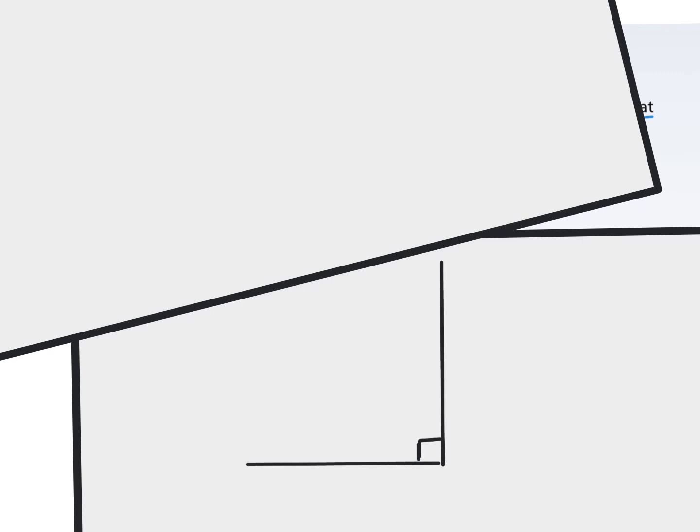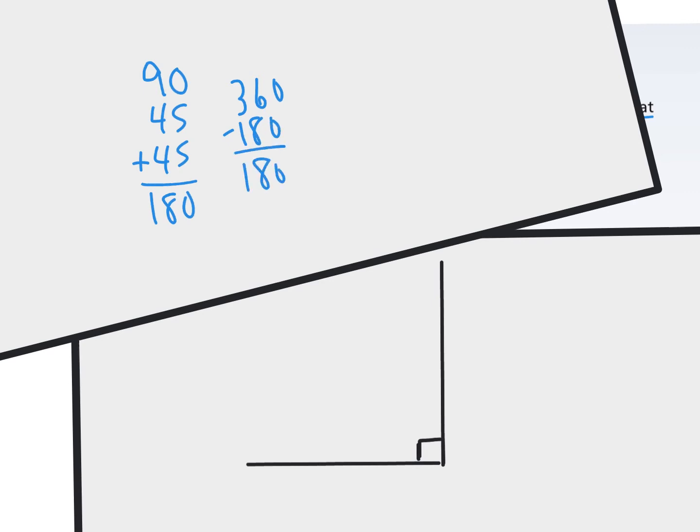So if we tried something, and the suggestion was made, what if we make those other two angles equal to 45 degrees? So if we have 90 and two 45-degree angles, that's 180. We've got 360 total. That would make our other angle 180 degrees, which would make this be a straight line, which basically just means we would be making a triangle, not a quadrilateral.